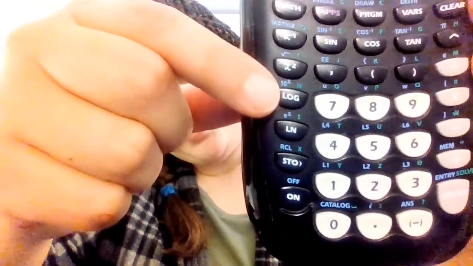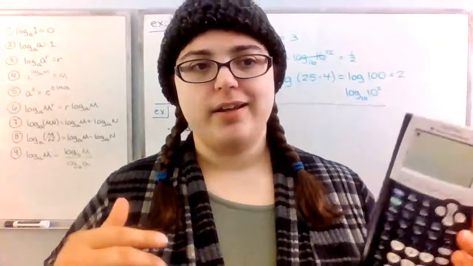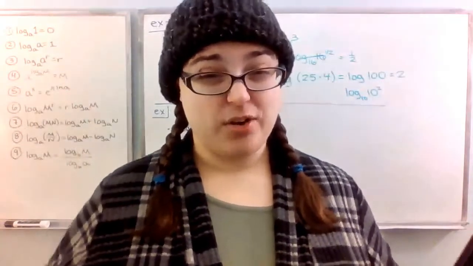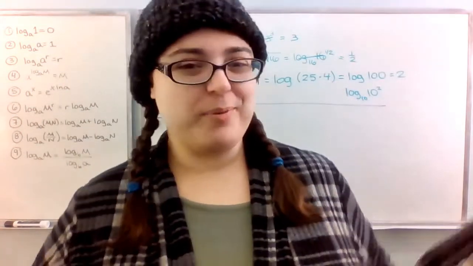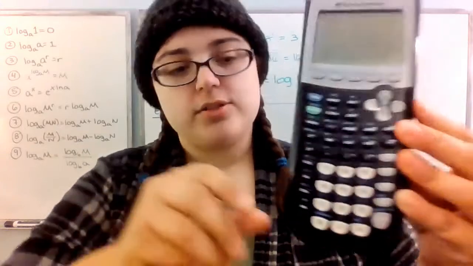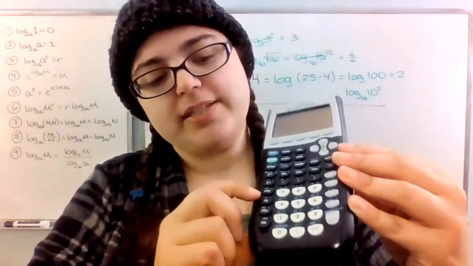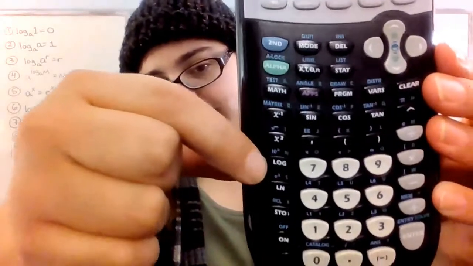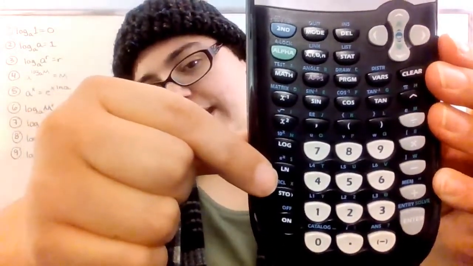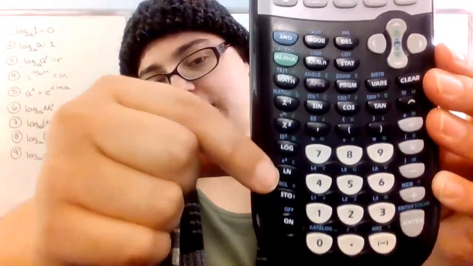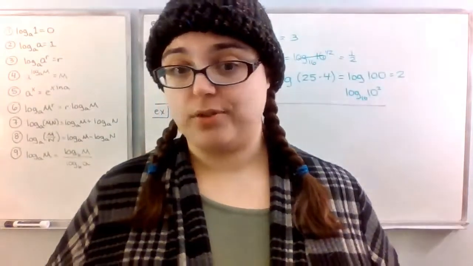Now this log button here is not like an nth root button where it's like a general logarithmic base. That's the common log. So when you press log on this calculator, what you're really telling it is, I want log base 10. When you type in ln, what you're really telling it is, I want the log base e, natural log.